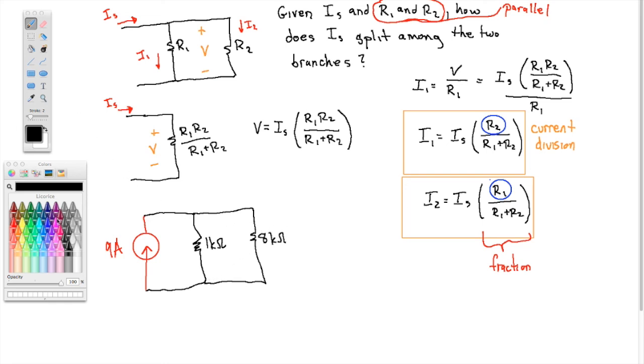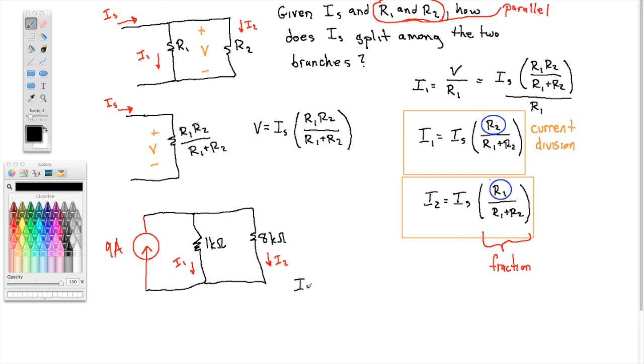And I want to know quickly, what is the current in this branch, and what is the current in this branch? How does the 9 amps divide between those two branches? Well, I can get this quickly using current division, and I ask that you memorize this, and I will just simply write this down from this point forward.